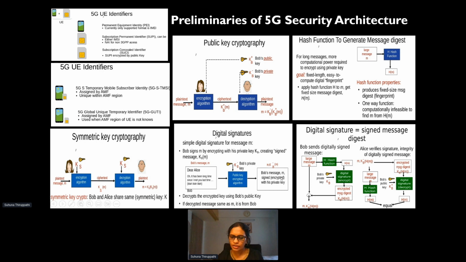Once the message is decrypted, it gets the original message, and it checks whether the original message sent along with the encrypted message is the same as the decrypted one. If both are the same, then it confirms that the message has come from the legitimate user.